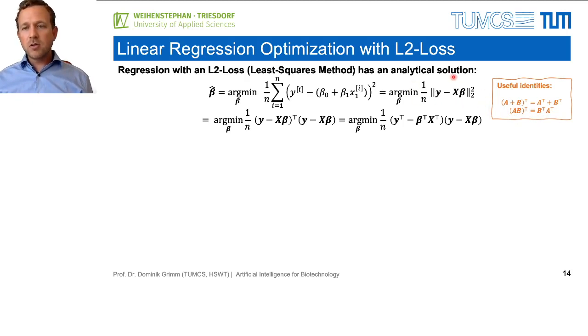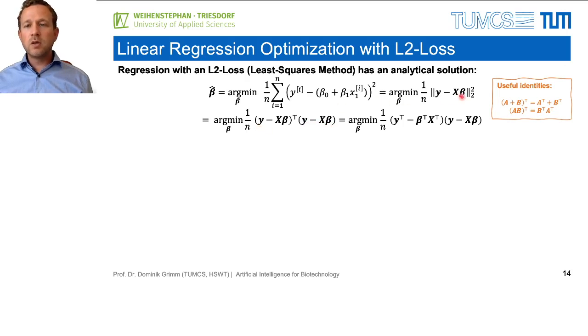And this we can use then to rewrite our equations. So this was the Euclidean norm, the squared Euclidean norm, or the L2 norm, and we can rewrite this as (y minus x times beta) transposed times (y minus x times beta).